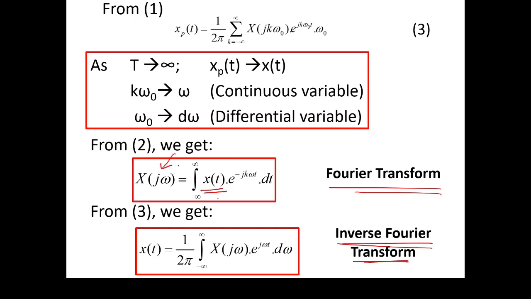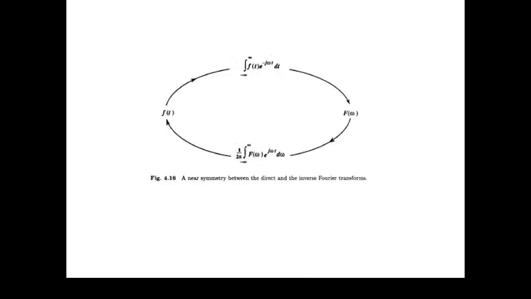When we apply the inverse Fourier transform on capital X(j omega), we get back to the time domain signal. So this figure is self-explanatory.